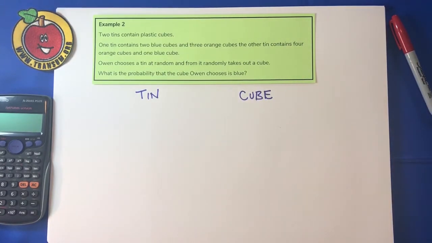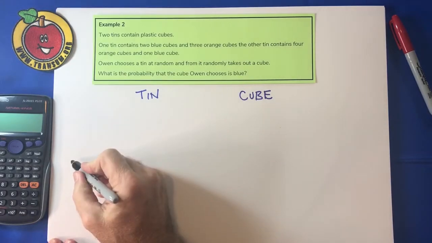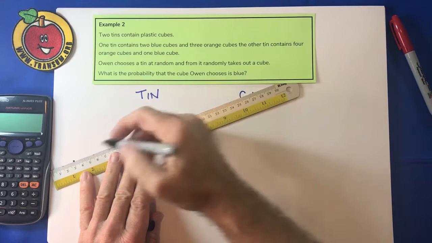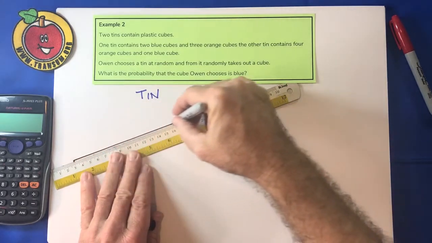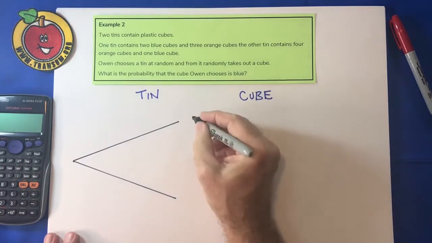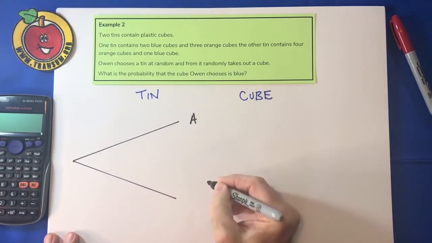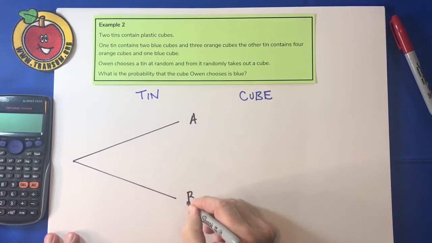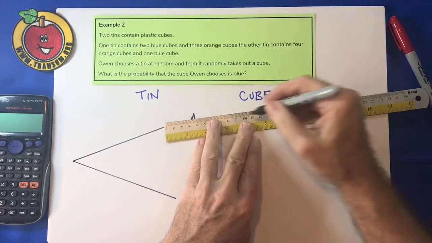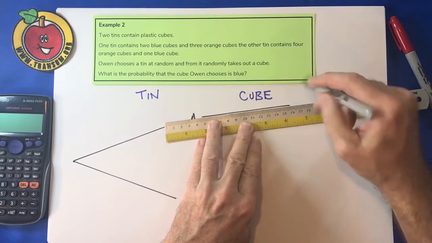So I'll start right over on the left of my page and put a dot, and then draw my 2 lines to show this first choice. And this will be choice A, and this will be choice B. And then Owen chooses a cube.